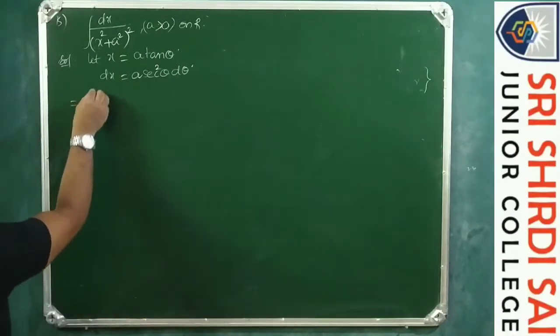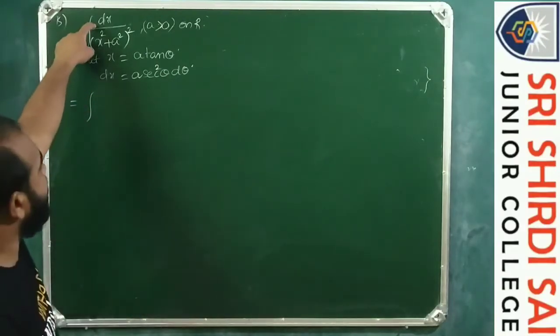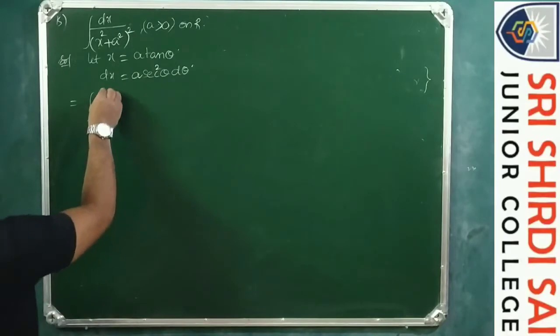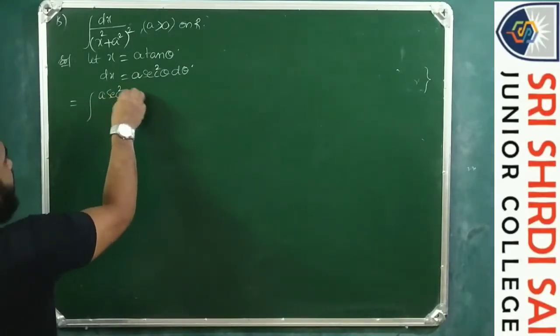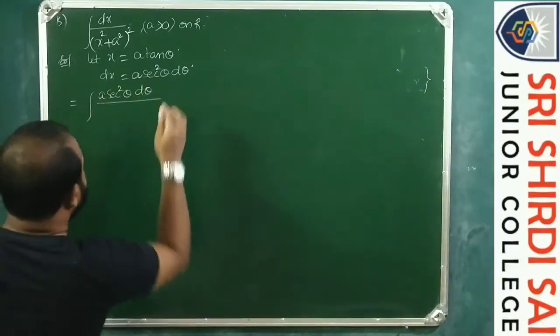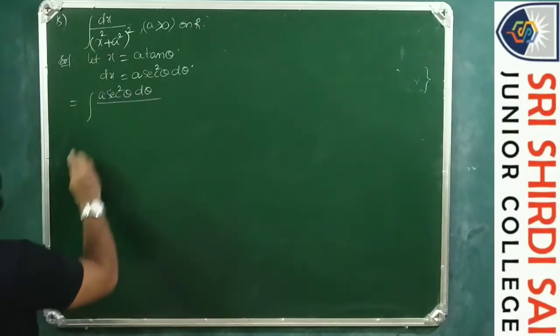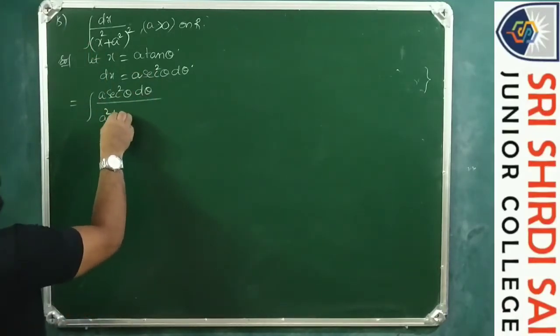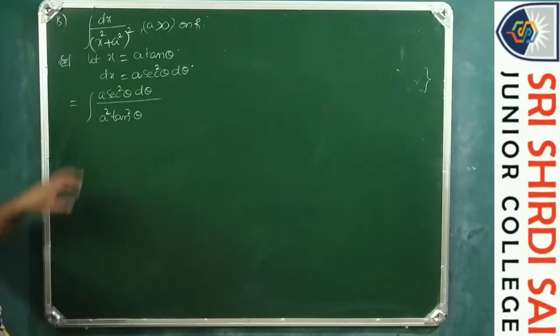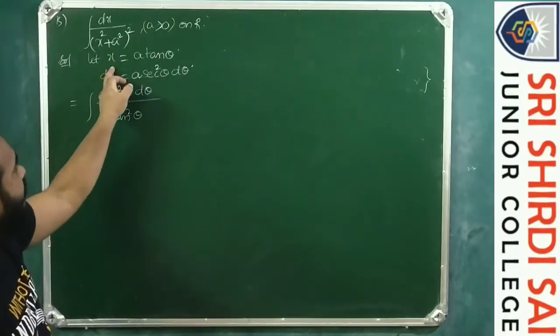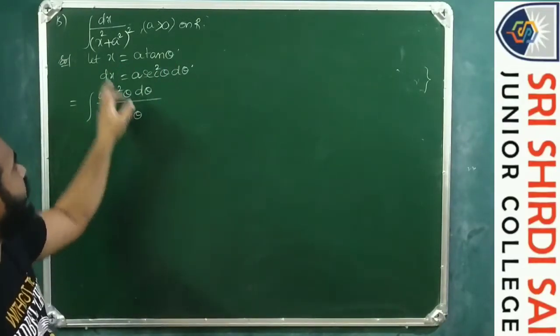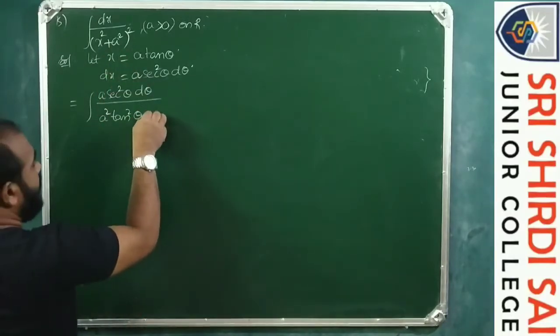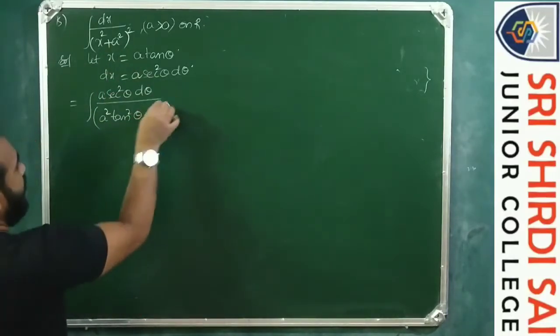Now this is equal to a secant square theta d theta by, so x square is a square tan square theta. X is a tan theta, x square is (a tan theta) whole square, so (a square tan square theta plus a square) whole square is there.